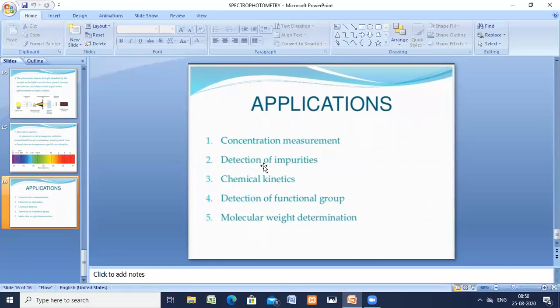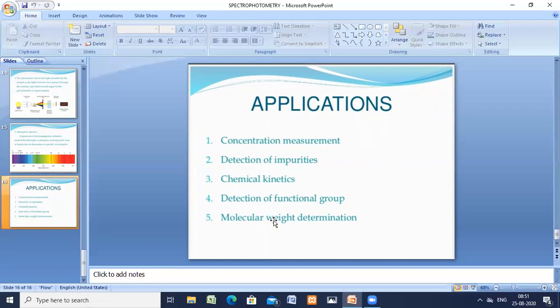You can detect impurities, kinetics can be studied, functional groups can be detected, and molecular weight can be determined.